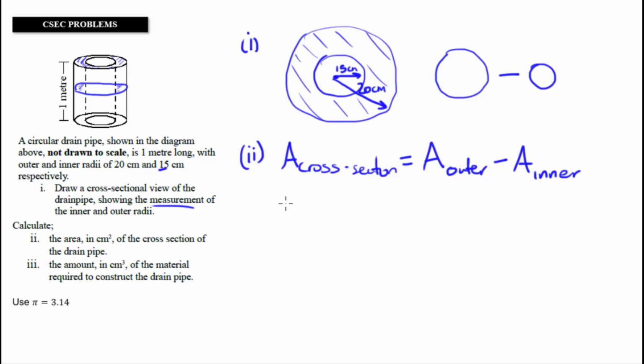So remember that the area of a circle is equal to pi r squared. Let me just write that down right here. And we are using pi to be equal to 3.14. So the area of the outer circle is going to be equal to 3.14 times r squared, the radius of the outer circle, which is 20. So that's 20 squared.